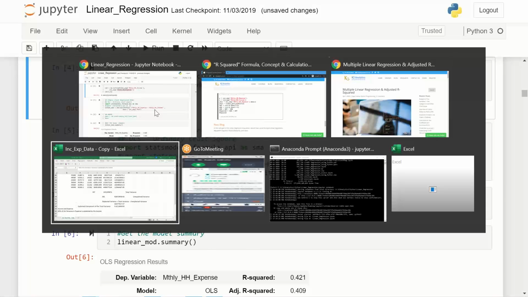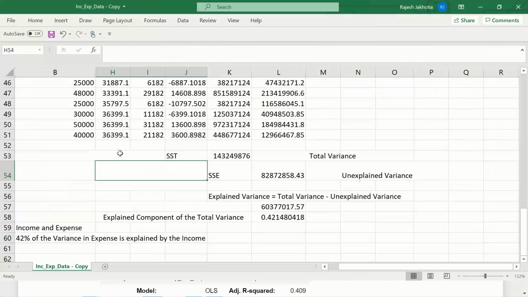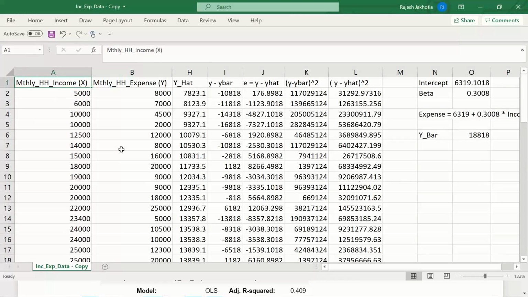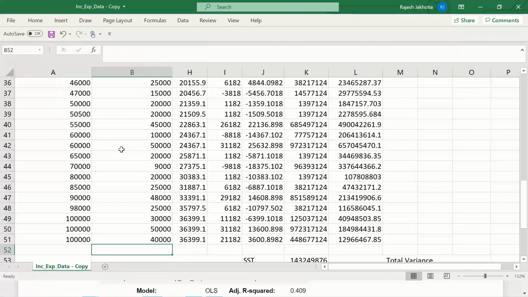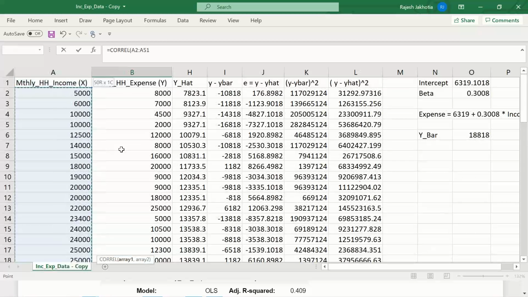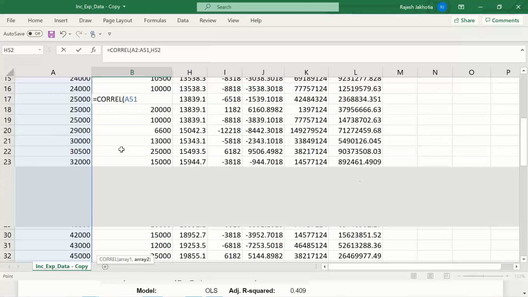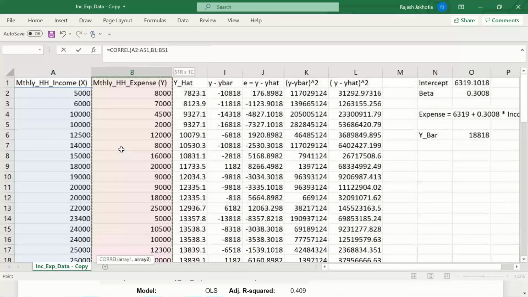Okay, let's come back once into our Excel, and this is my data which is available here also in Excel. This is X and Y, these two columns. Let's just quickly run the CORREL function, array 1 is my income, and then array 2 is my expense.